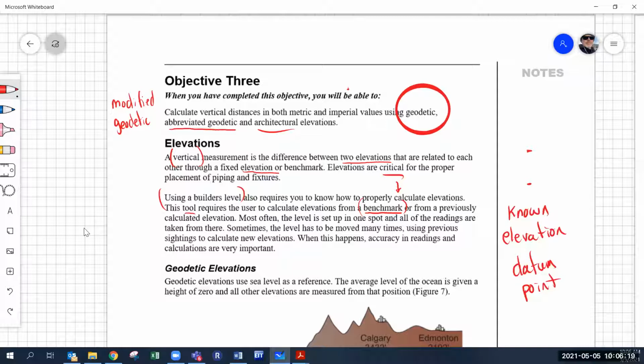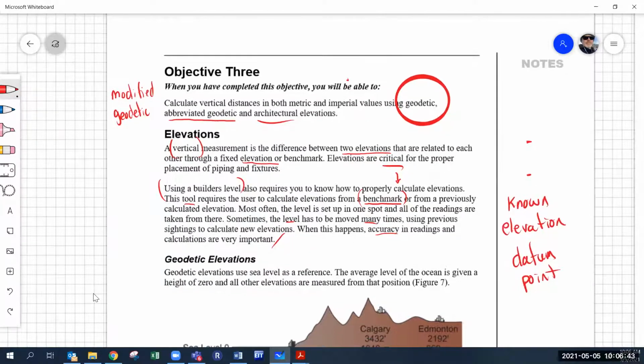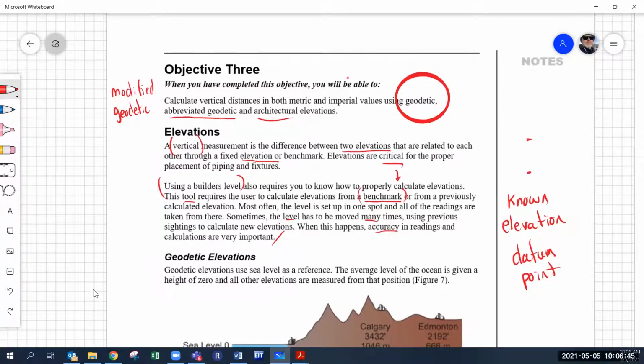All right, because sometimes your builder's level has to be moved because we may have things in the way that we can't see some of our things. So when this happens, accuracy and readings become very important when you move that particular tool around the job site. We want to always start at a benchmark or a known elevation.